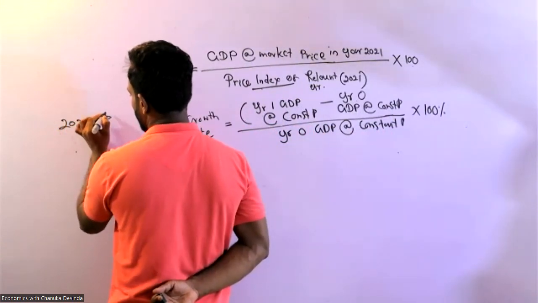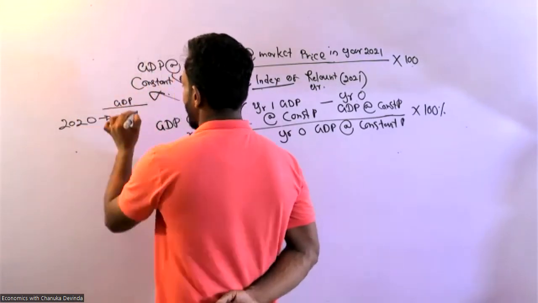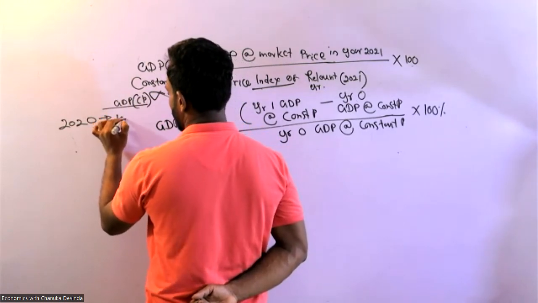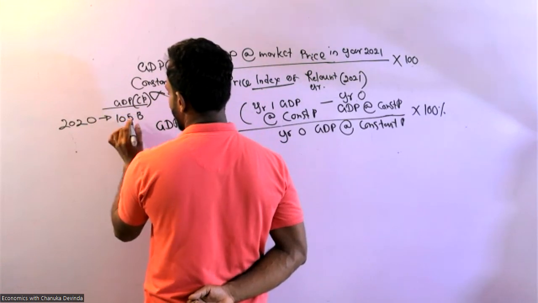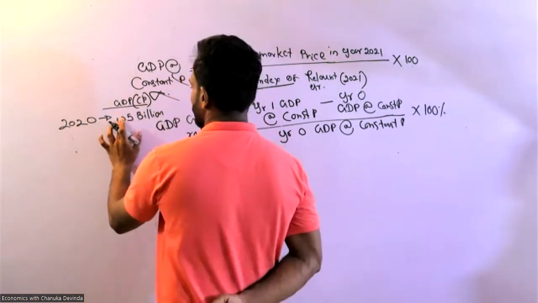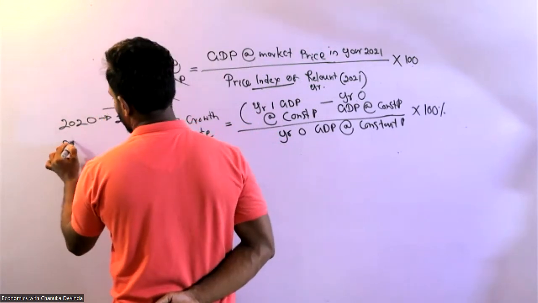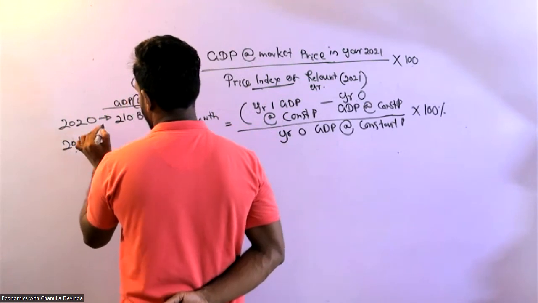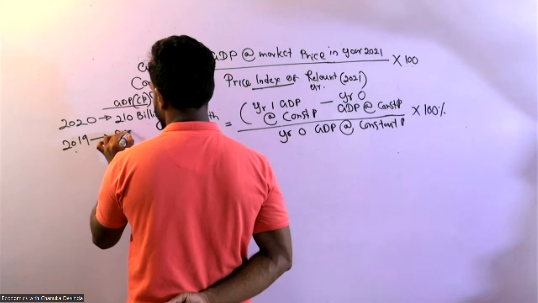As an example, let's say in 2020 GDP at constant price is 210 billion, and in 2019 it was 200 billion.